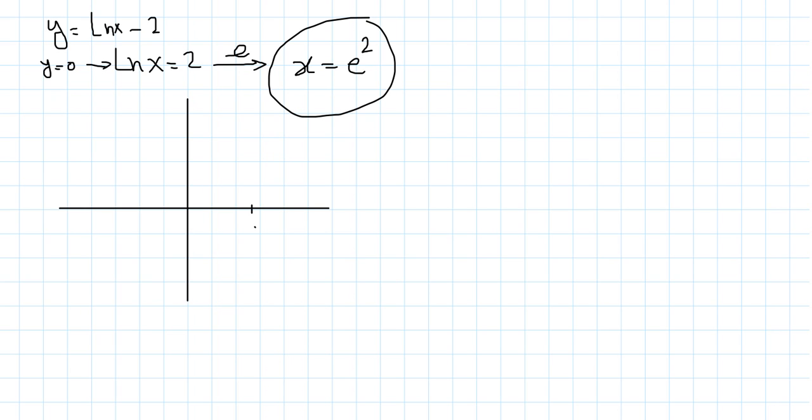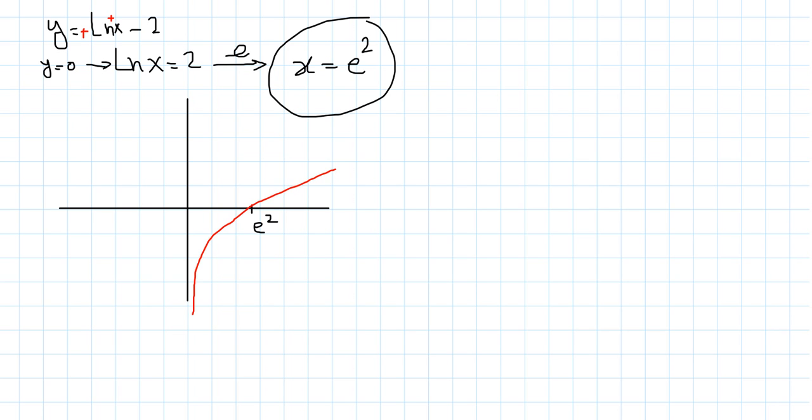So e is 2.7 and something. E powered by 2 is, suppose that e powered by 2 is here, and I know in ln x I have only a vertical asymptote. So here is my vertical asymptote and it passes from e squared. And because y is positive and x is positive, it should finish on quarter number 1. Here y is positive and x is positive here. So it should finish in quarter number 1.